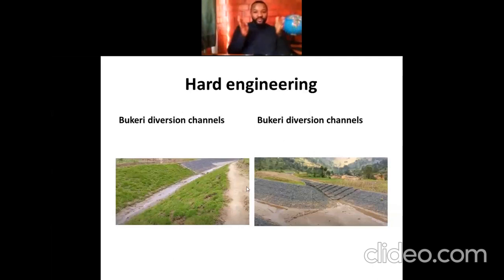So where the channel is small and it cannot easily be widened because of settlements around, the channels were constructed to take away excess water from the existing channel, and then join that water back to the main channel after the channel is wide and away from the settlements.